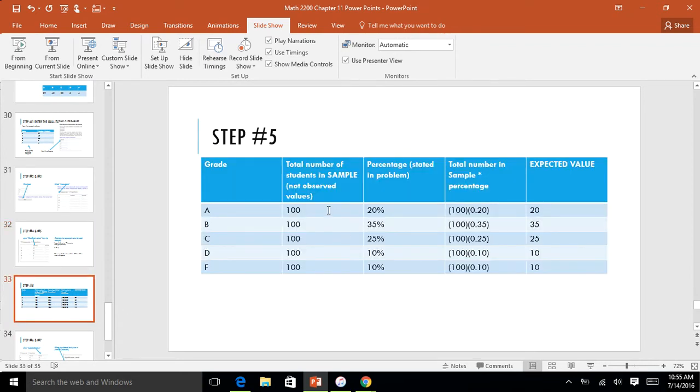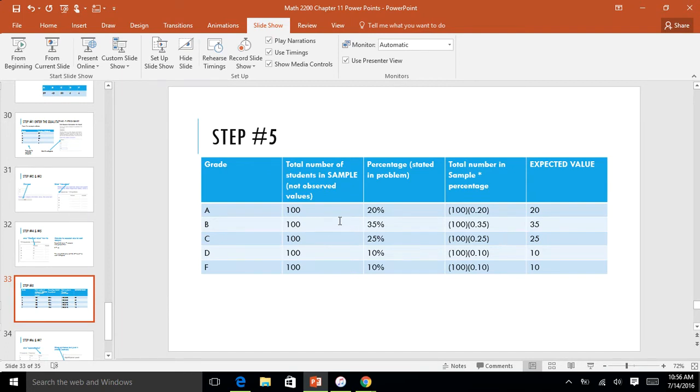So then what I need to do is step by step. 100 times 0.20, because that's the percentage of A's, so I expect to have 20 A's. B's were 35%. So 100 times 0.35 is 35. 100 times 0.25 is 25. So I expect to have 25 C's, 10 D's, and 10 F's.